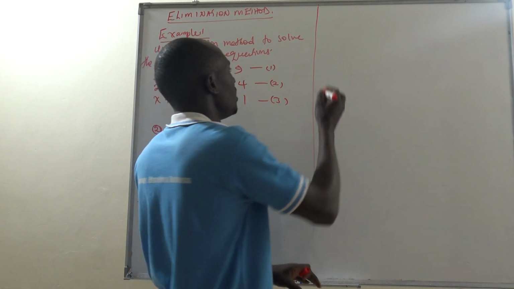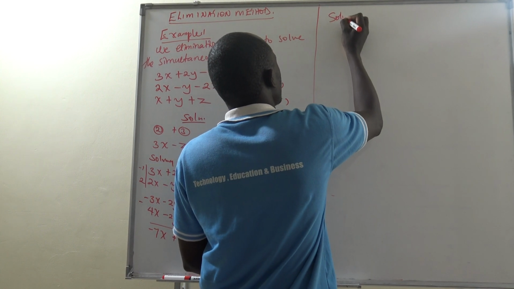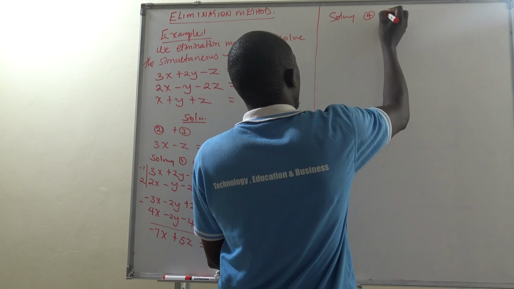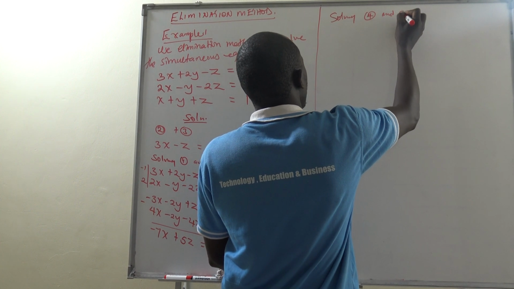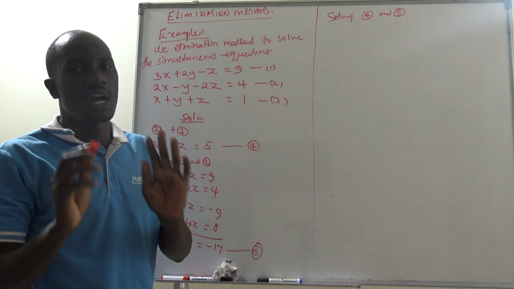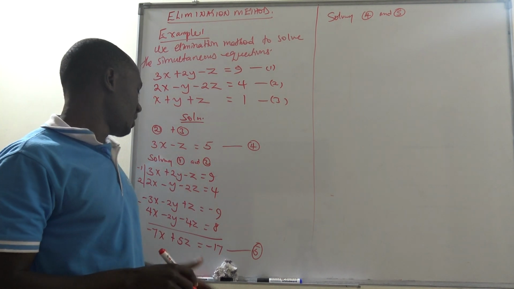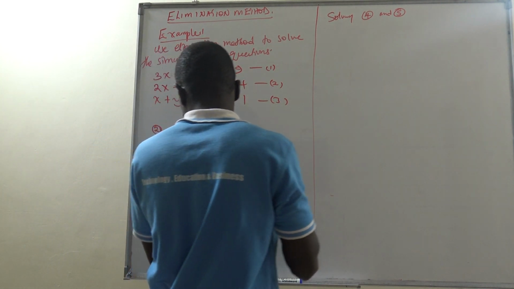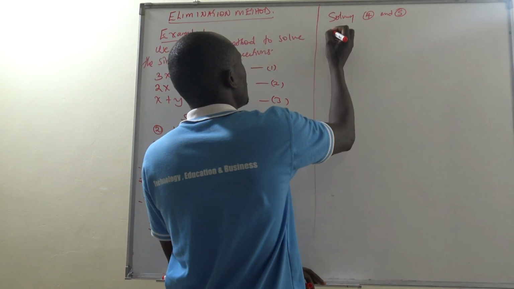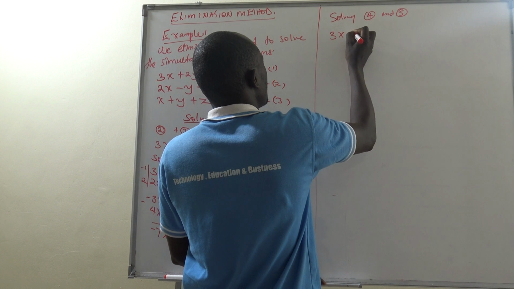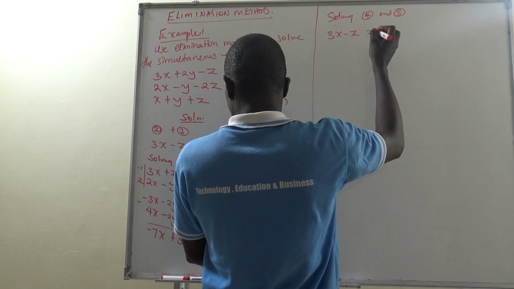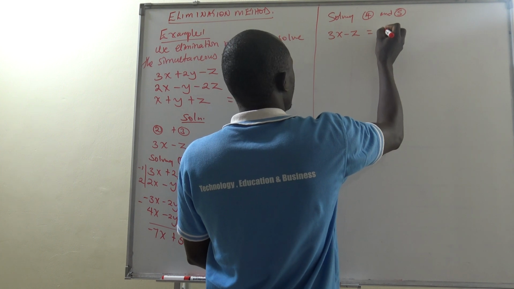So we are now solving 4 and 5, where we have x and z. Equation 4 was saying 3x minus z equals 5.